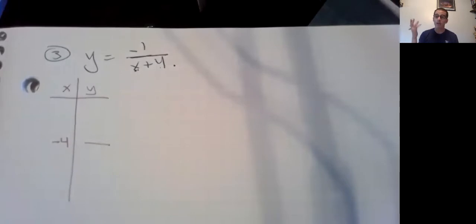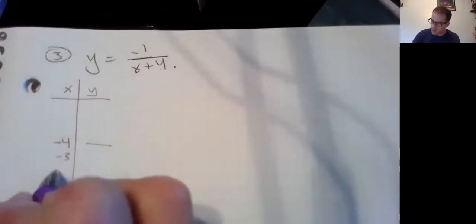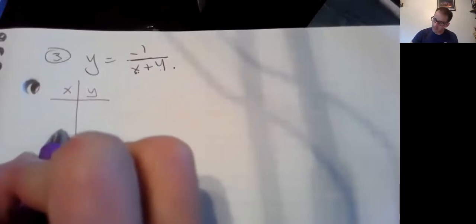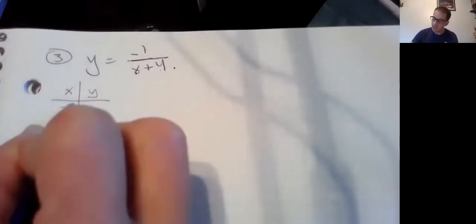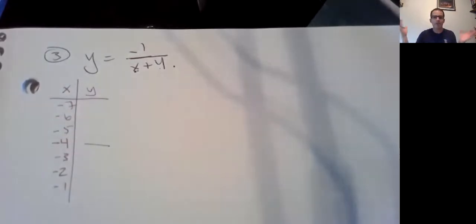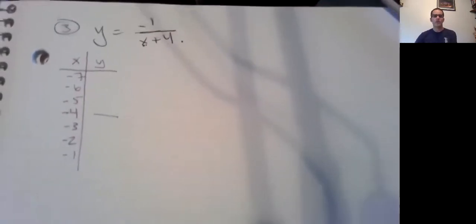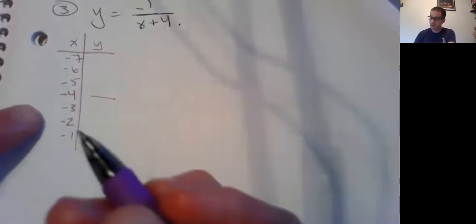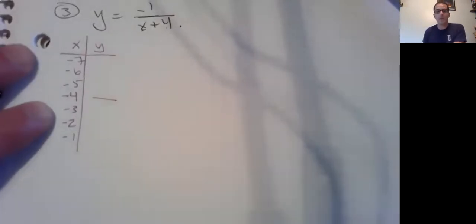Okay, I need 3 numbers that are bigger than -4, 3 numbers that are smaller than -4. And you know me, I'm very simple. -3, -2, -1. -5, -6, -7. Not very creative. All right, so let's start with -3. We always start here.